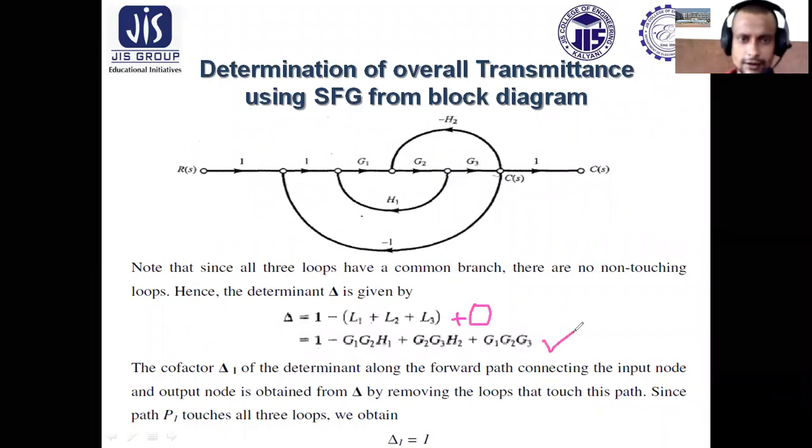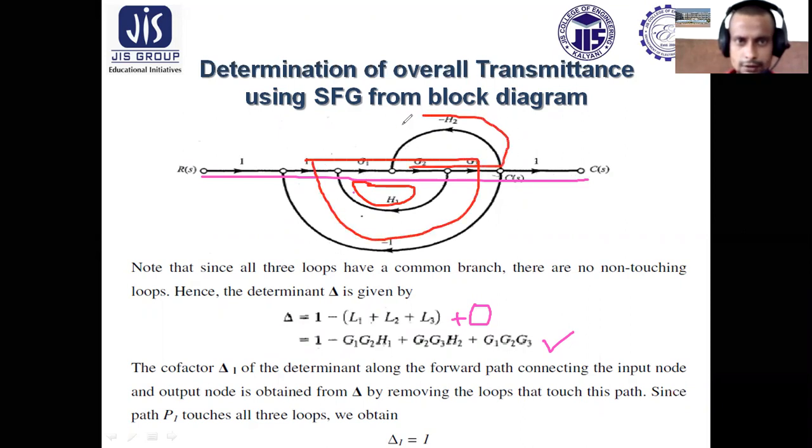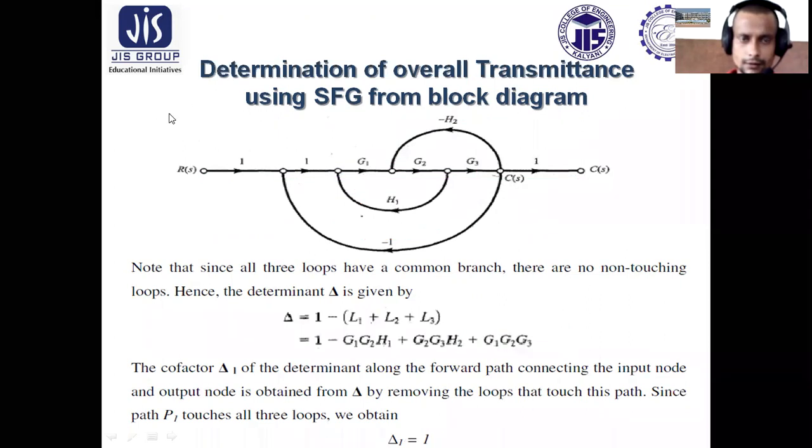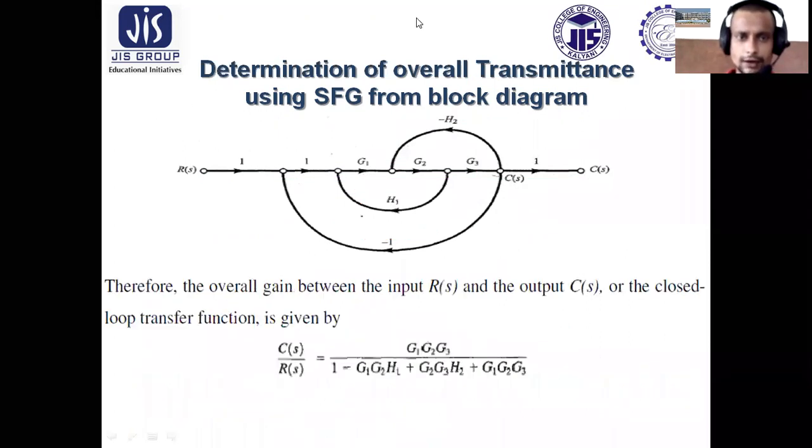So this is the final del, and all the loops are touching the first forward path. See, this forward path is touched by this loop, by this loop, or by this loop. So all the loops are touched by the first forward path, so del 1 will be 1. Finally, by substituting all the values in Mason's gain formula, we'll get the overall transfer function.